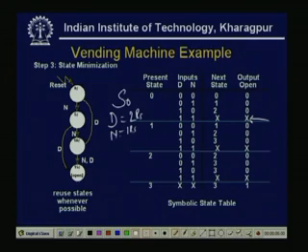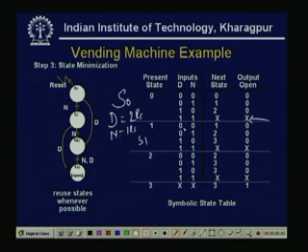Similarly, now S1. Already it is 1. So, 0 0 means the next state remains 1, output 0. If it is 0 1, that means I have given a 1 rupee coin, the next state becomes 2, output is 0.